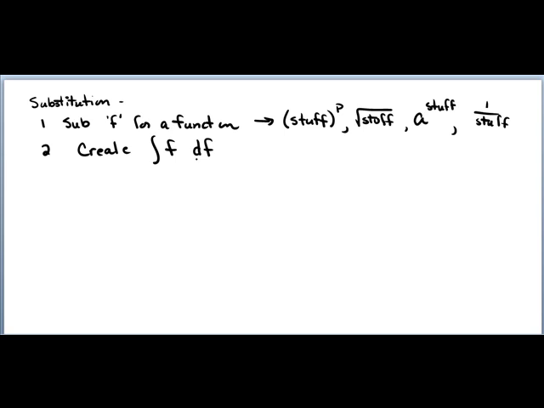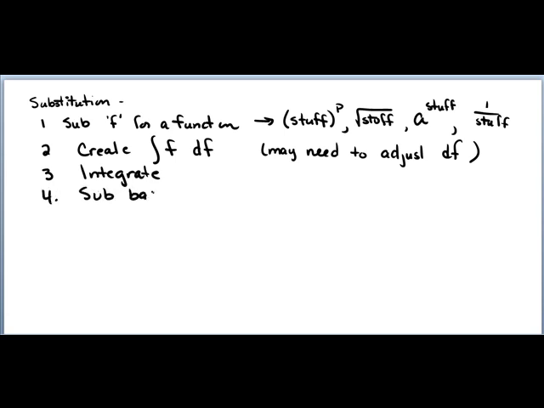This is making sure that we acknowledge that. So we may need to adjust our df, and I'll show you what we mean by that in a minute. Okay. Then we integrate, and then we substitute back in for f.